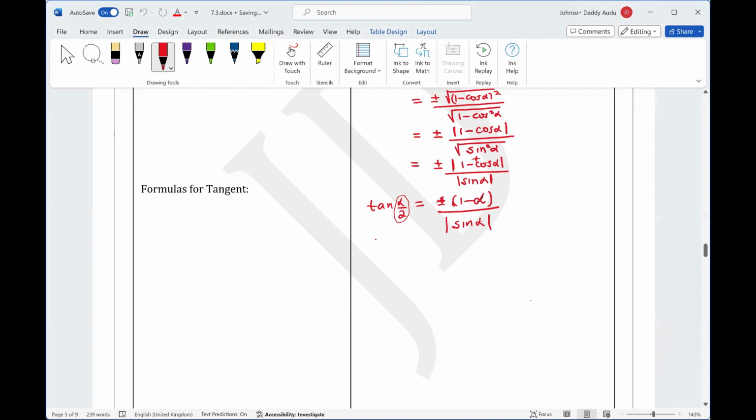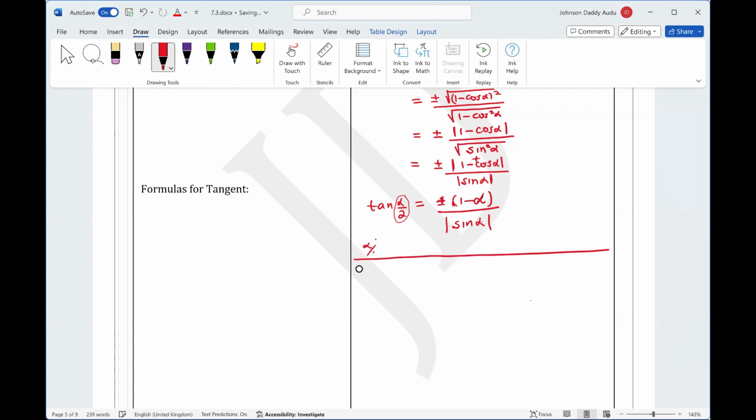So do we need to keep this plus or minus? What this simply means is that tan alpha over 2 could be plus, it could be minus, depending on the sign of what? Of sine alpha, because we need to be able to remove the absolute value. But we know that the sign of sine alpha will depend on what alpha over 2 is. So let's check. Let's have a table of this.